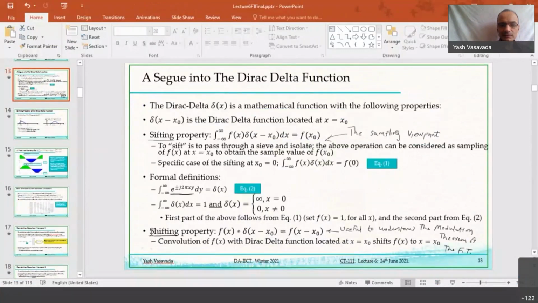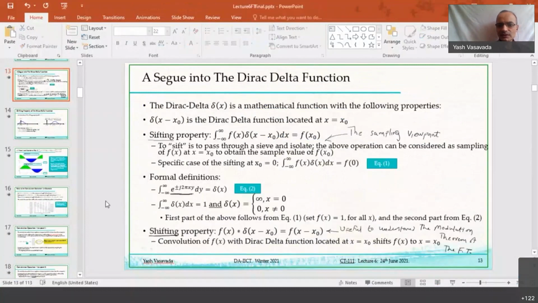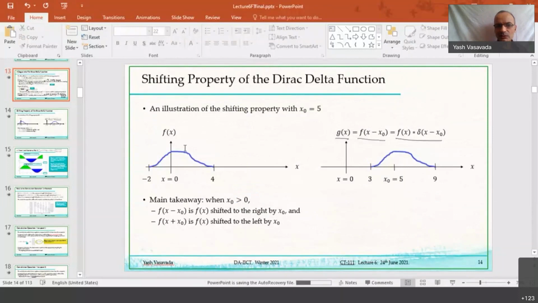This is the property, the shifting property. Even at that time we had said that we will be using this to understand the modulation. If I convolve a function with the Dirac delta function at x naught, the effect is that the actual function shifts to the location x naught, and that is what we had demonstrated by this picture.